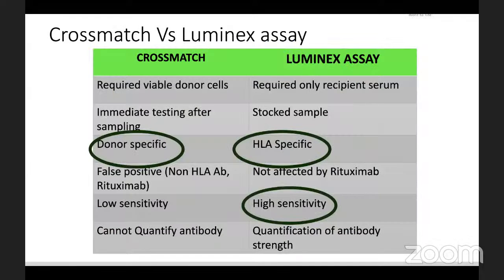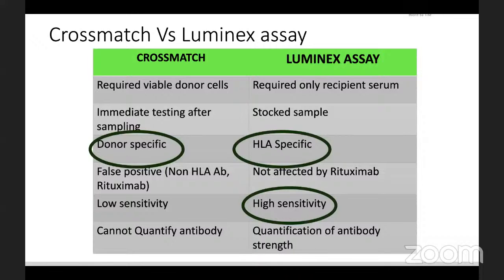When we distinguish the differences between the cross match and the Luminex assay, the basic difference is that you're using viable donor cells, which mimics the actual transplantation, while the Luminex assay requires only the patient serum. In the cross match, immediate testing after sampling is important, while Luminex can be done from the stocked sample.